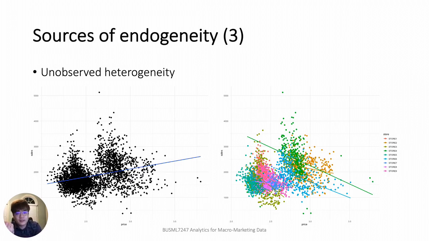But the sales data were actually a collection of the sales from different stores. In the figure on your right, different colors indicate different stores, and for each store, the trend line is downward. That is, there is actually a negative correlation between the price and sales.